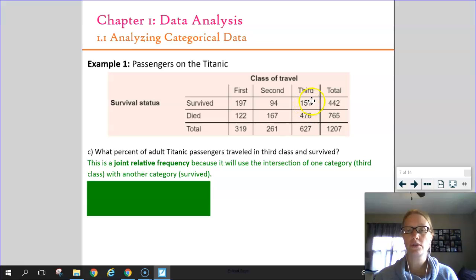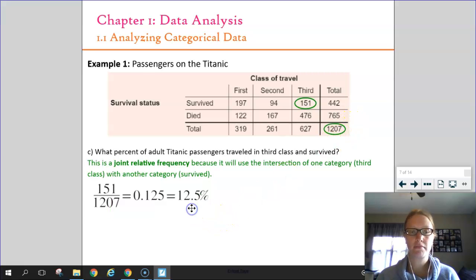So we're going to use the number 151 that represents the third class passengers who survived out of the total passengers on the Titanic, which is still 1,207. So I can see that the third class passengers who survived made up just 0.125 or 12.5% of the total passengers on the Titanic.